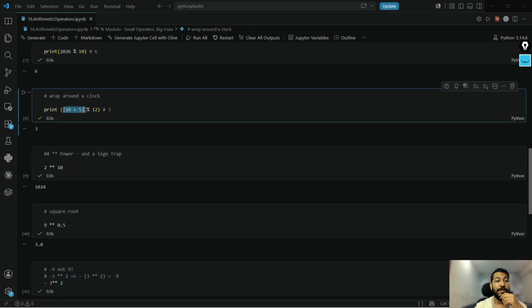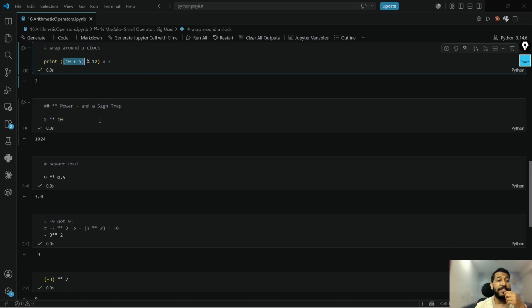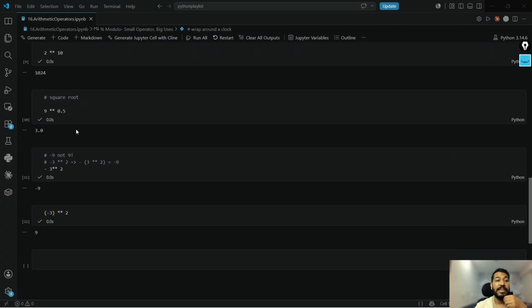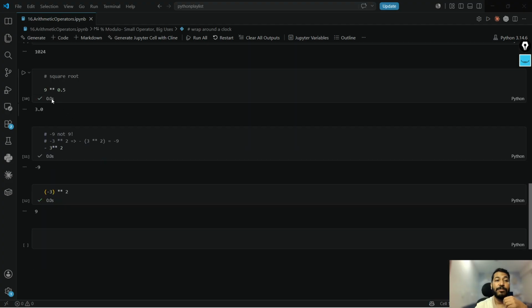We understand this precedence: brackets get more precedence over modulo, so 15 modulo 12 is calculated first, and it returns 3. Then power: 2 to the power of 10 returns this one. Then the square root: 9 to the power of half, or 0.5, returns 3 as the square root of that number.